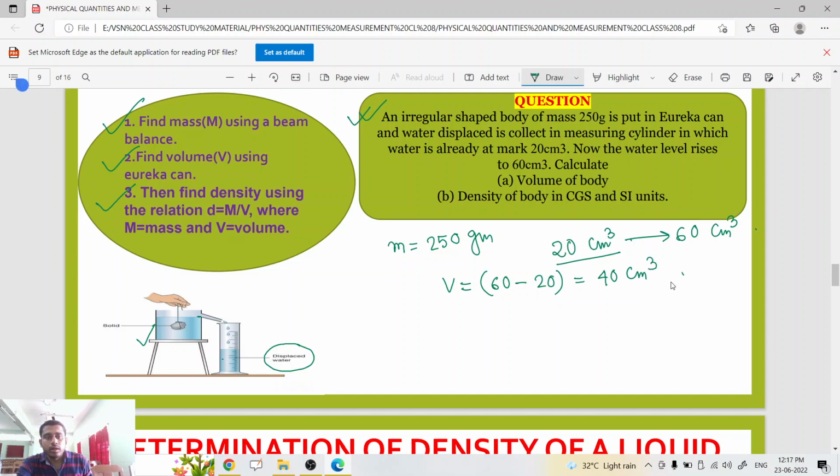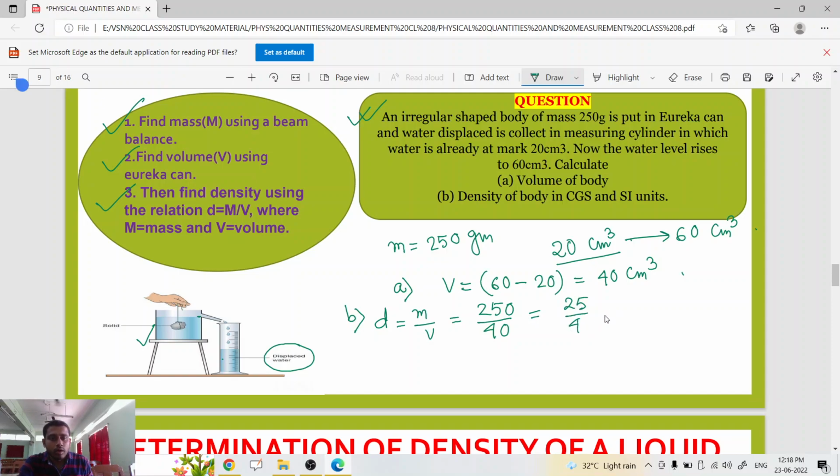This is the first question, question A. The second question: find the density of the body in CGS and SI units. Here you can use density D equal to mass by volume. So D is equal to m upon V. M is given, that is 250 divided by 40, that is equal to 25 by 4, or 6.25 gram per centimeter cube.